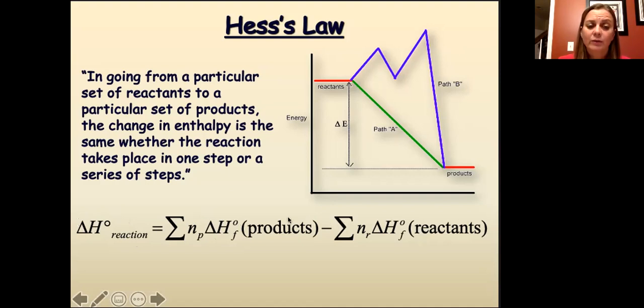So what we're really doing is saying, here's the potential energy of the products minus the potential energy of the reactants, and that gives us the potential energy of the reaction. But since what we're talking about is the energy released in the reaction, we're talking about enthalpy. So the enthalpies of formation of the products minus the enthalpies of formation of the reactants gives us the enthalpy of the reaction.